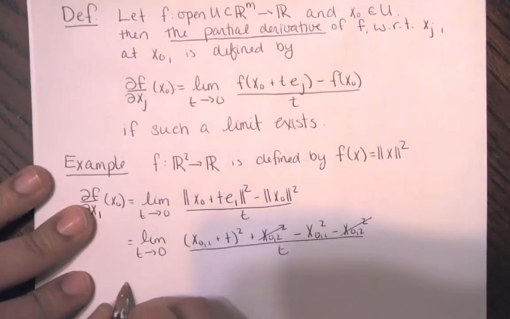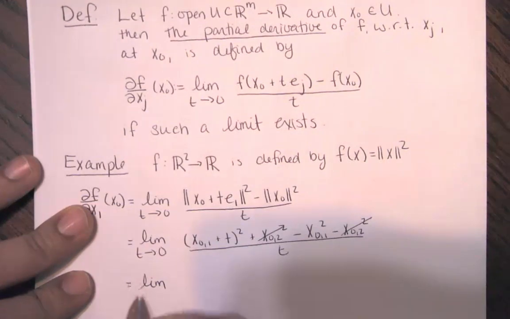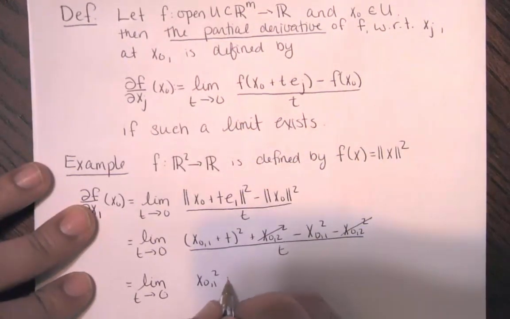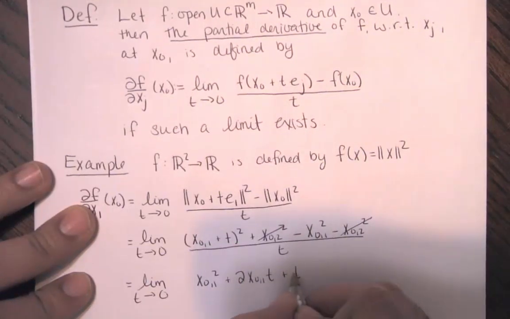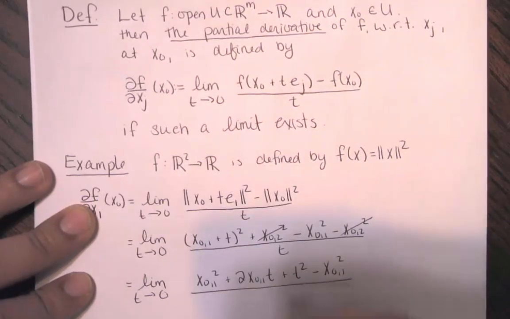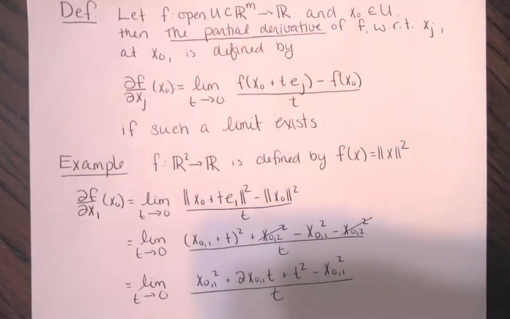Divided by t, I get the limit as t goes to 0 of x naught comma 1 squared plus 2 x naught comma 1 t plus t squared minus x naught comma 1 squared, divided by t, and now we can cancel.